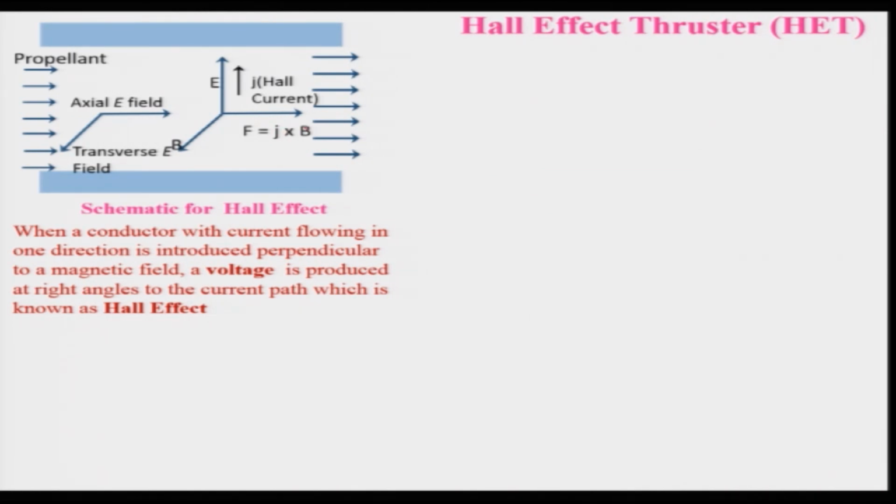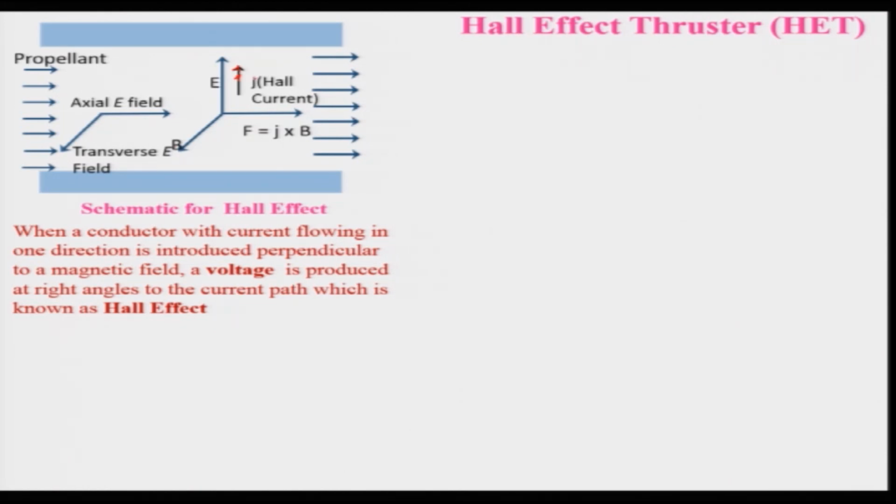That means, in other words, when a conductor with a current flowing in one direction is introduced perpendicular to the magnetic field, like current is passing through this, right, and this is your magnetic field perpendicular, a voltage is produced at the right angle to the current path, which is known as the Hall effect.